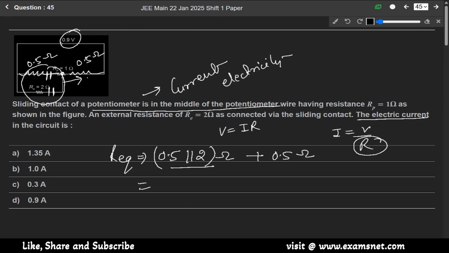So first we will solve this. It will be equals to 0.5, means 1 by 2, is in parallel with 2. So 1 over R will be equals to 1 over R1 plus 1 over R2.